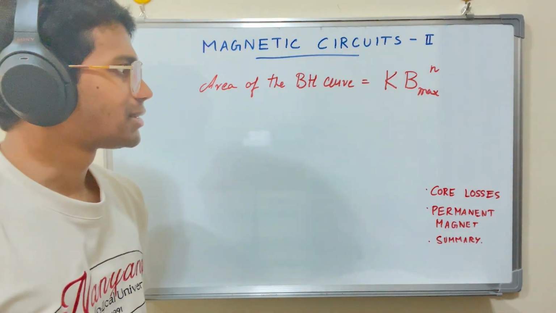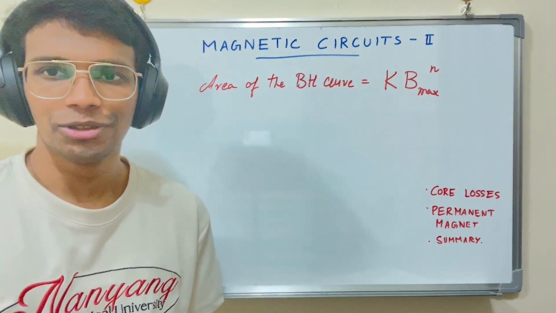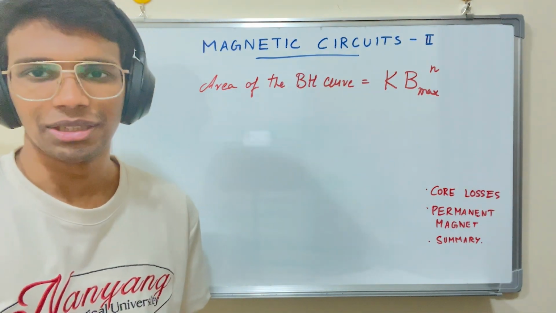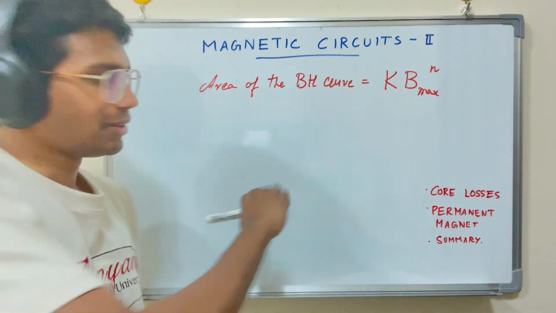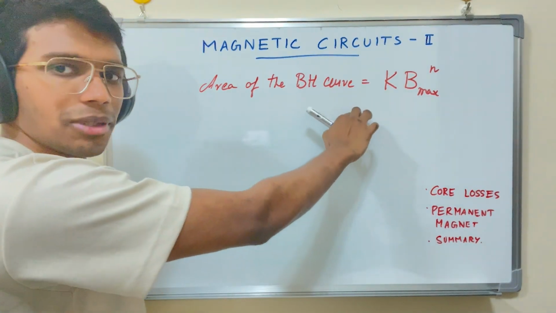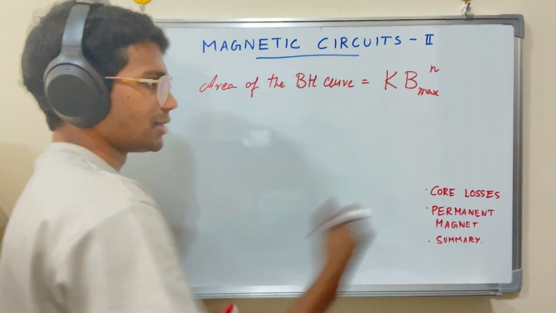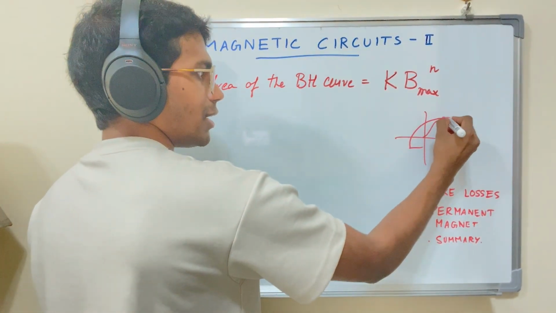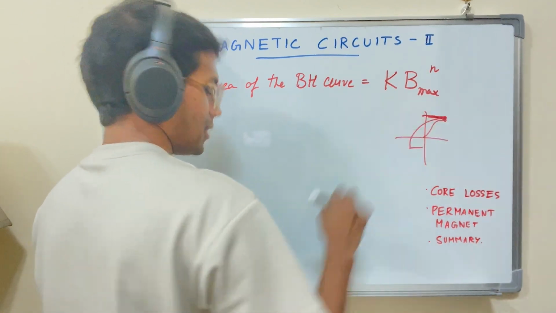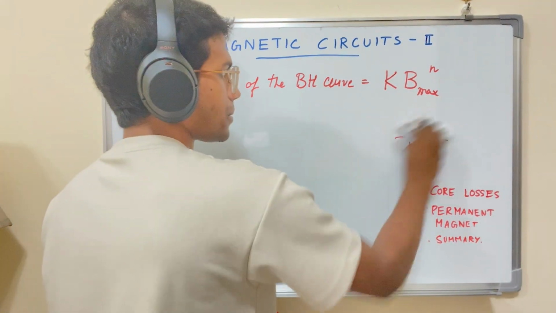And B max is the maximum induced flux density within the material. In every cycle, you could see it saturates at a point, so that saturating point of B, this highest point, we take as B max.